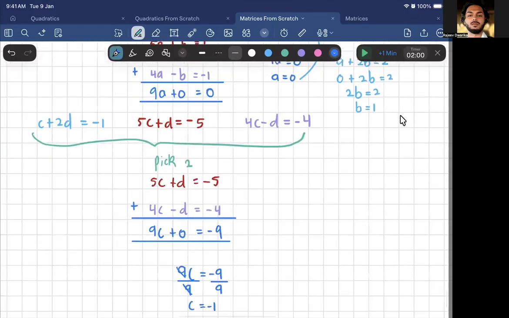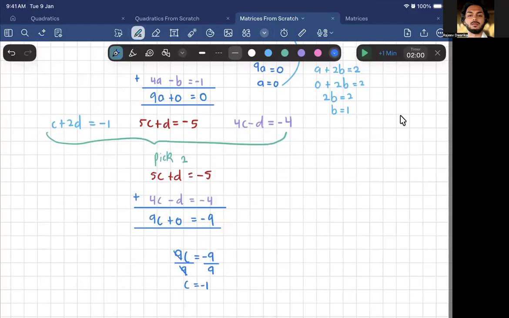So here it is now. We have C. We know what C is. So how am I going to find D? What do you think? So we have to put it into the next. You could actually put it into any one and you get the answer.